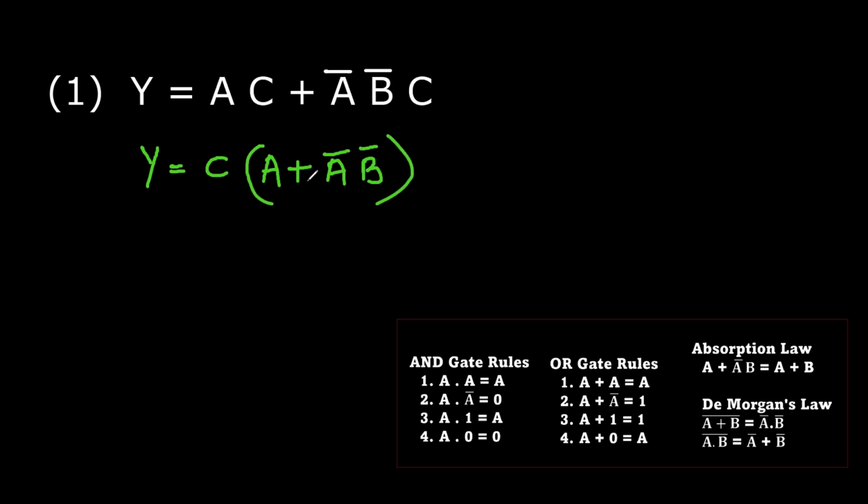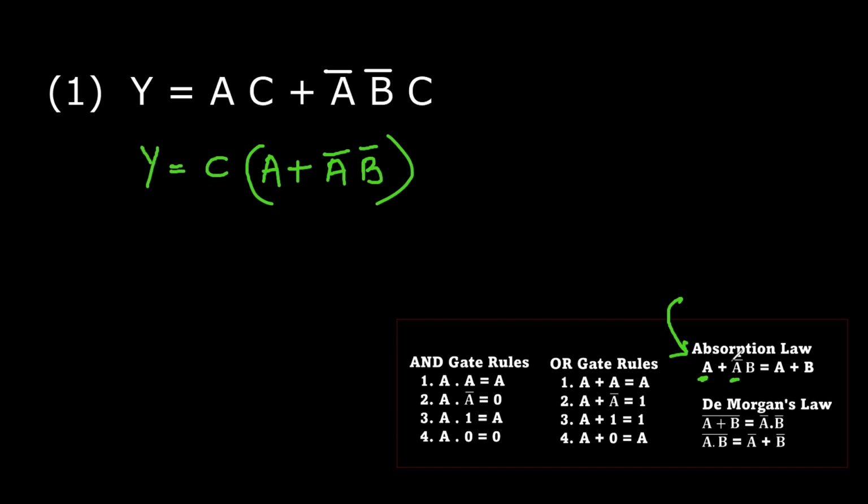And what do you see here? You came from your first step to this step using the distributive law, and now you see this particular absorption law. The absorption law tells us that A or not A, B gives you A or B. So this term and this term are complements of each other.